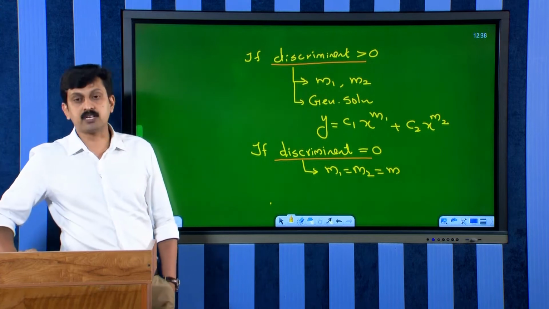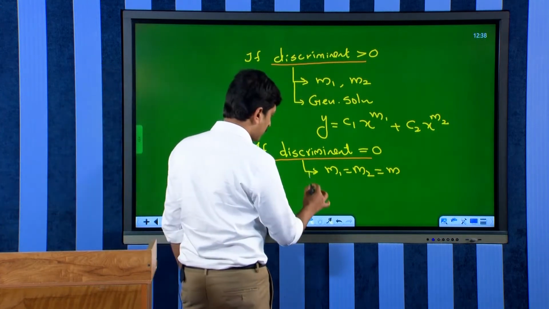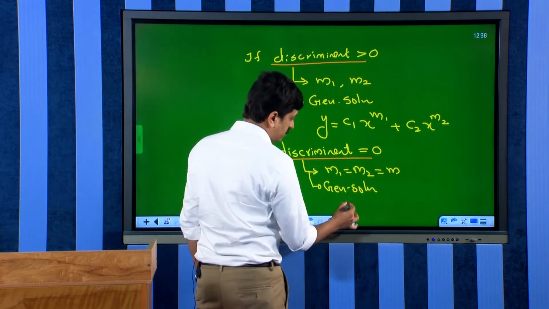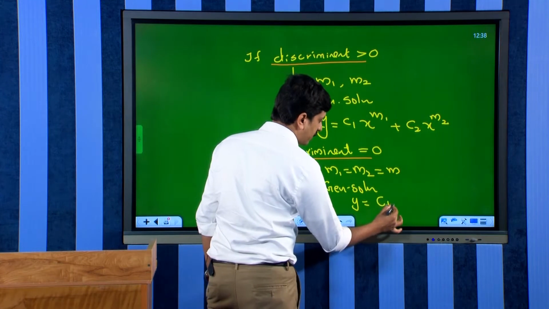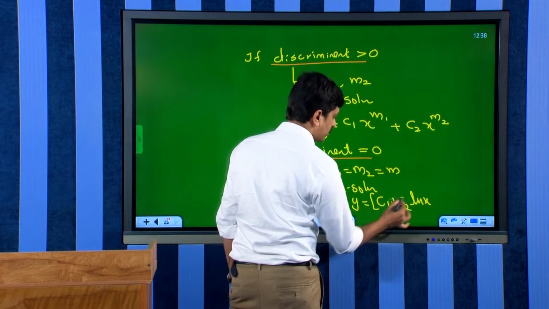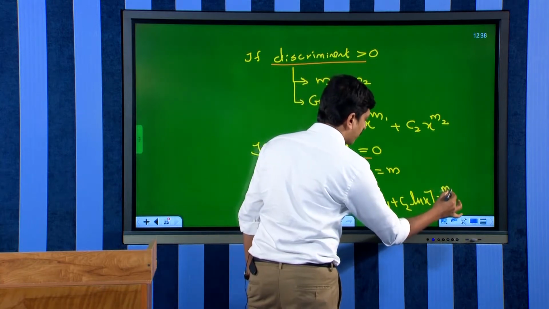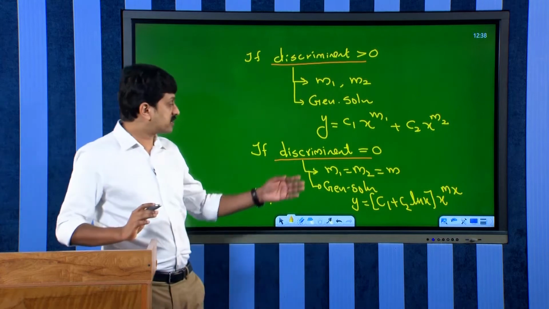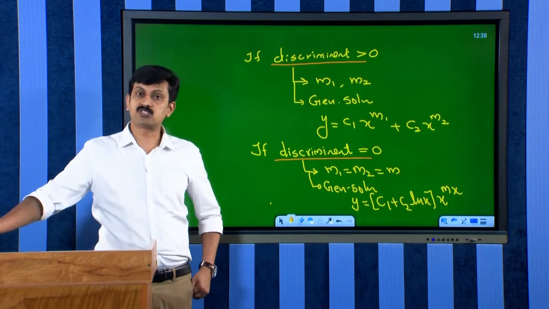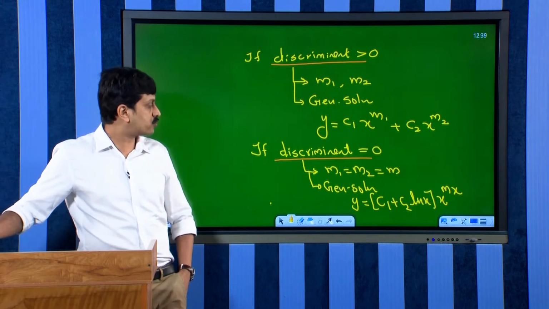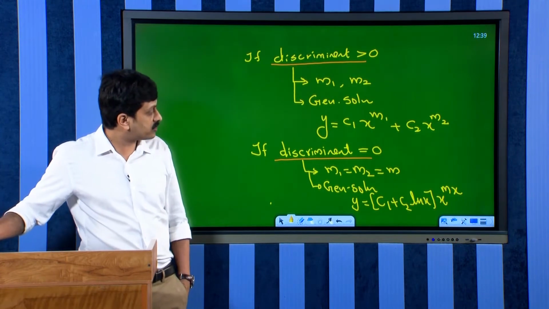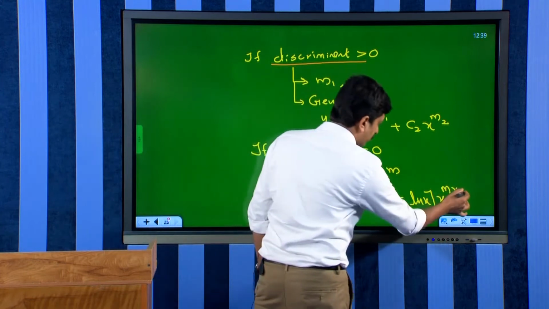Therefore, the general solution of the differential equation is y is equal to (c1 plus c2 log x) into x raised to m. Before, it was (c1 plus c2 x) e raised to mx. Instead of that, in the case of the Euler-Cauchy equation, we have the general solution as (c1 plus c2 log x), and instead of e raised to mx, here we have x raised to m.